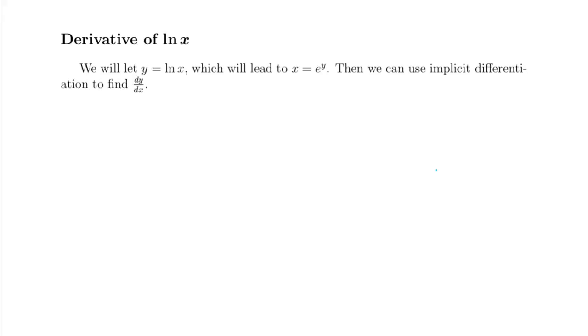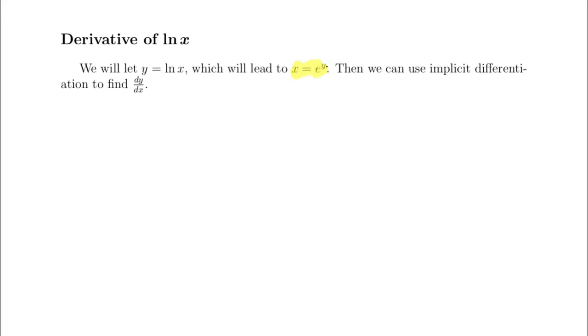All right, so we want to find the derivative of the natural log. We're going to use this property where we change the inputs and outputs. The natural log is the inverse of the natural exponential e. So if we let y equal the natural log of x, then this is going to lead us to x equals the exponential e to the y. And then now we can use implicit differentiation on this equation here.